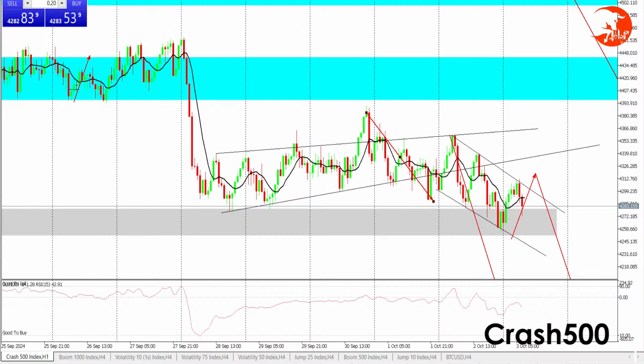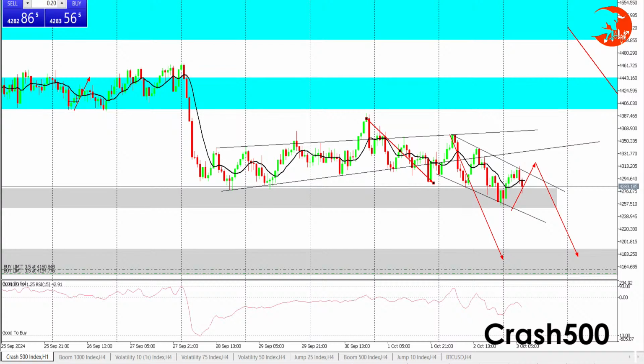That means it will continue consolidating within this channel until it reaches down to this other support, or call it our level of interest that we are waiting for, so that we can make our buy entries.